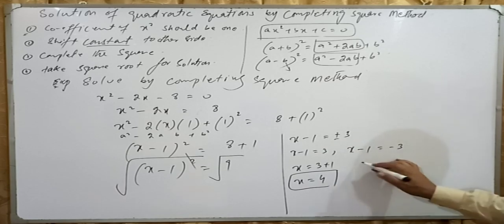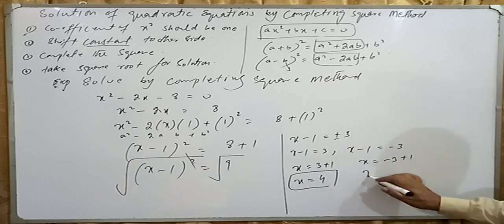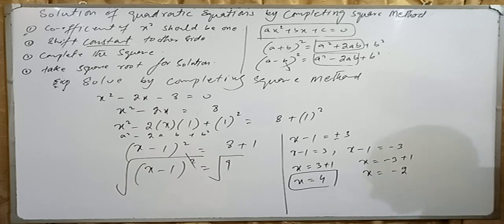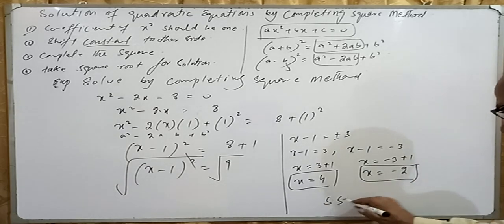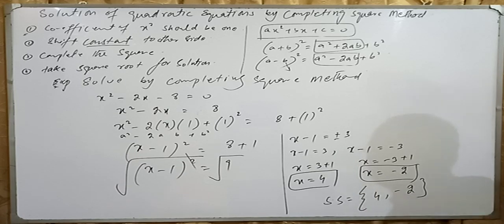And shift this 1 to the other side, so x equal to minus 3 plus 1, or x equal to minus 2. This is the other value. So the solution set will be 4 and minus 2.